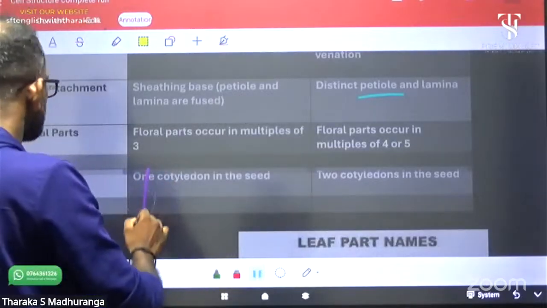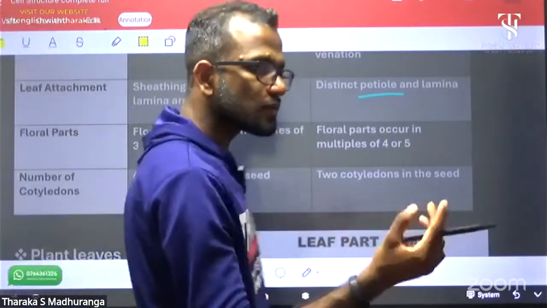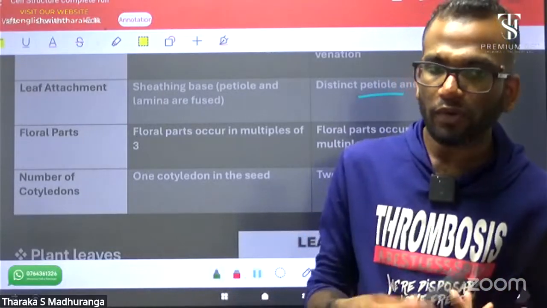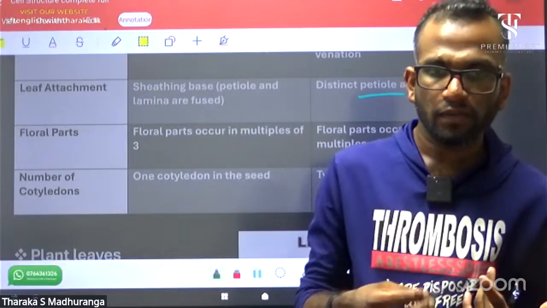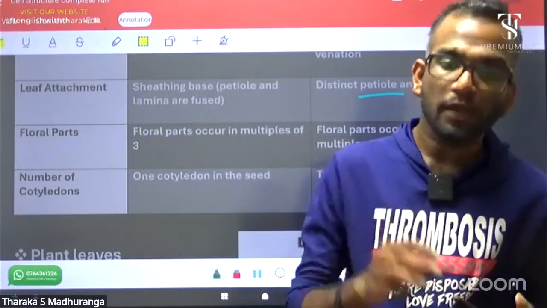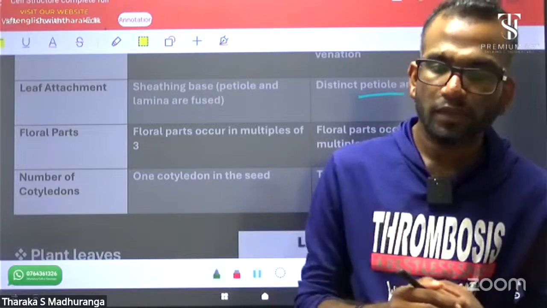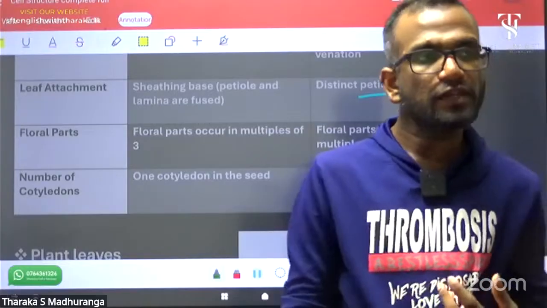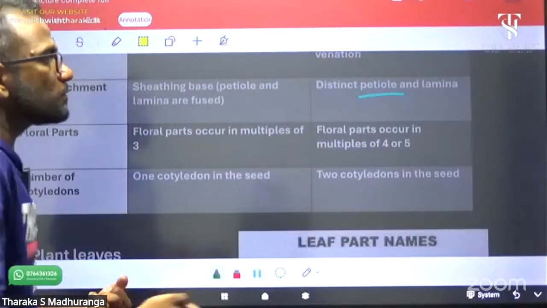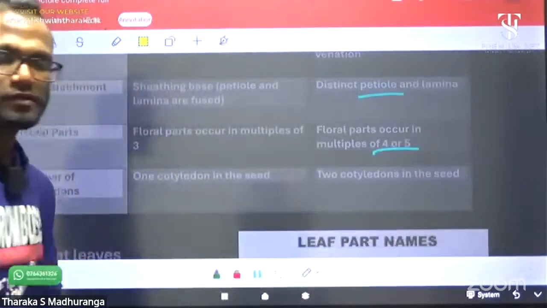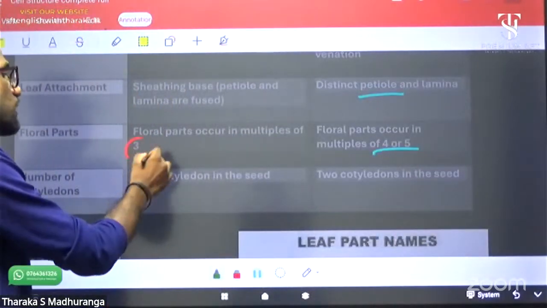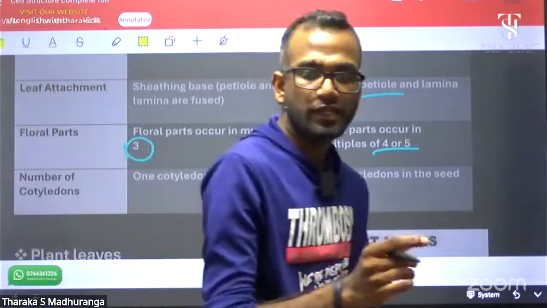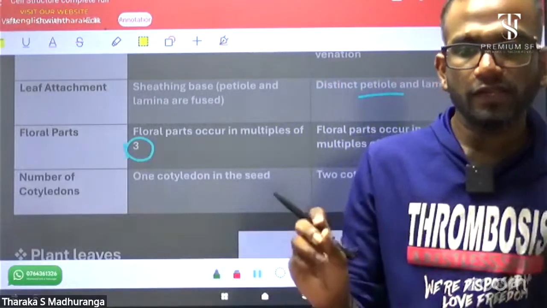The next one, flowering. Normally how many petals does a coconut flower have? Normally three petals. But if you get a dicotyledon plant, a normal dicotyledon flower usually contains four, sometimes five petals as well. But monocotyledon usually three, right? The seed difference I already explained. One cotyledon, one peel in the seed, is monocotyledon.